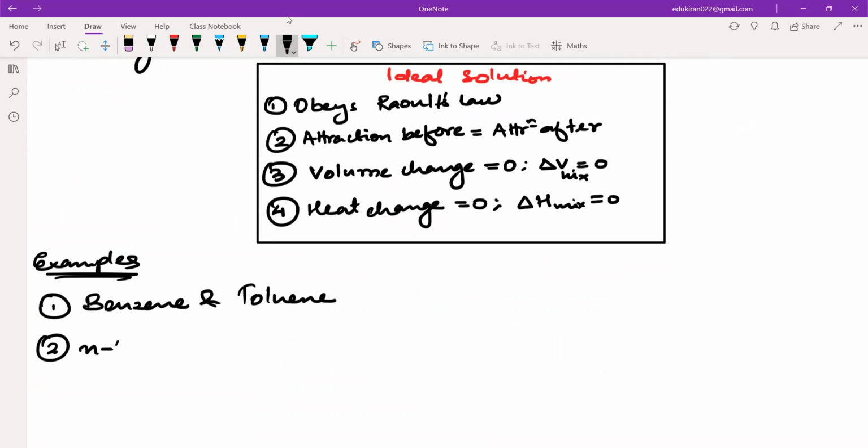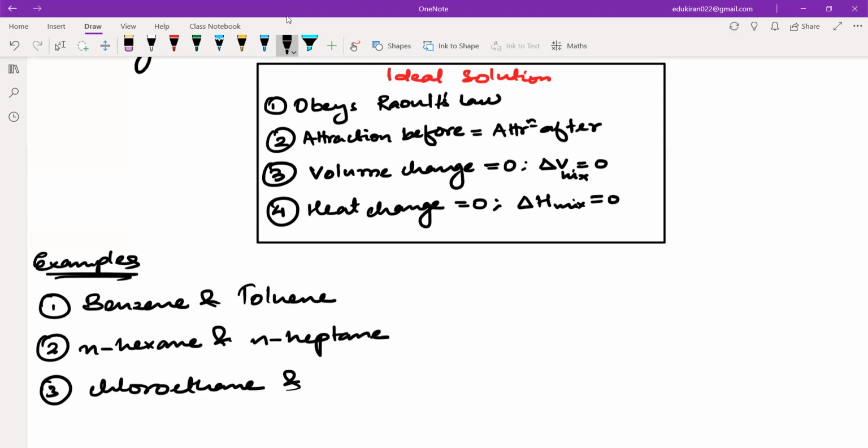Hexane and heptane means normal hexane, straight chain wala, not any other isomer, and normal heptane. Okay, so again, not much difference, only of one carbon. Thirdly, chloroethane, which is a liquid, and bromoethane. Again, not much difference, just one level down, you will have bromo.